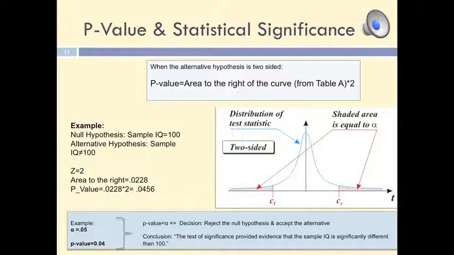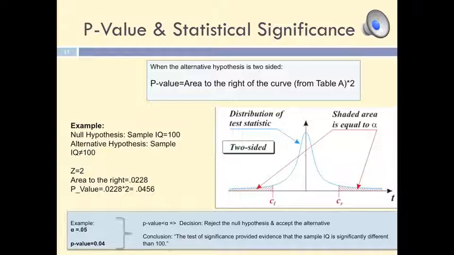So there is both a low cutoff value and a high cutoff value. Therefore, in such situations, the p-value is obtained by multiplying the area to the right of z by 2. And only after multiplying this value can we compare the p-value to alpha.